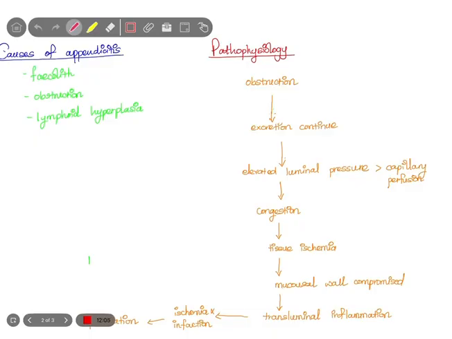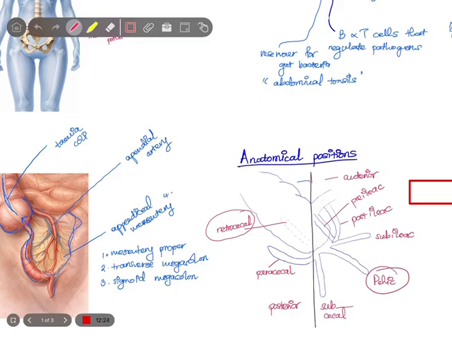Now, obstruction could happen due to, firstly, a fecalith. Now, a fecalith is solidified fecal material, especially if it's situated at the entrance, that is at the base of the appendix. I'm talking about right here.